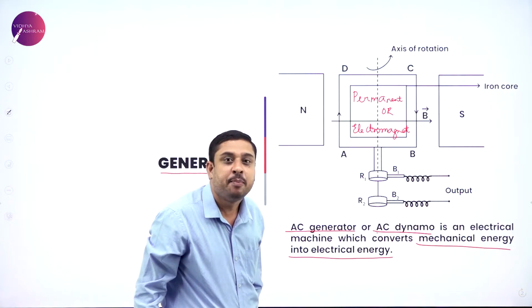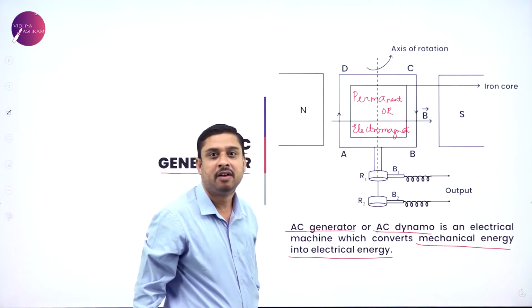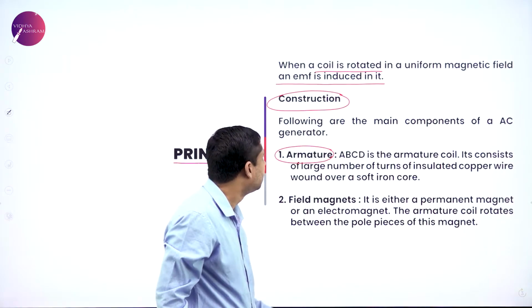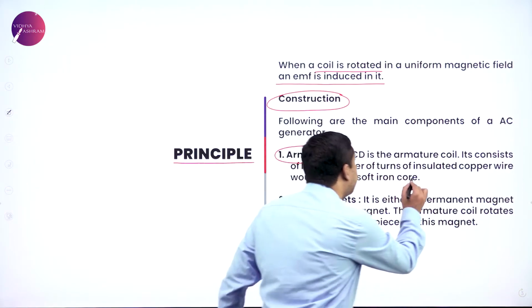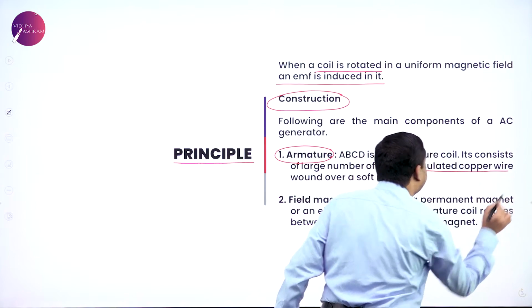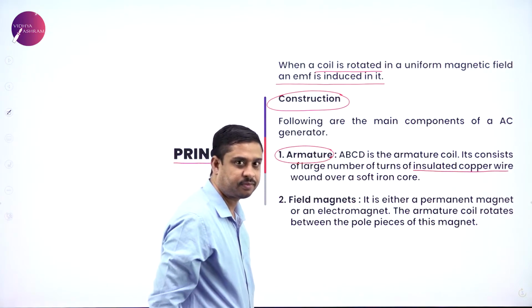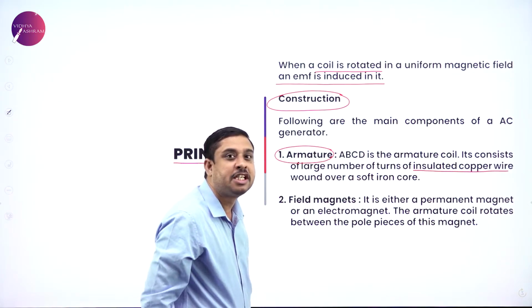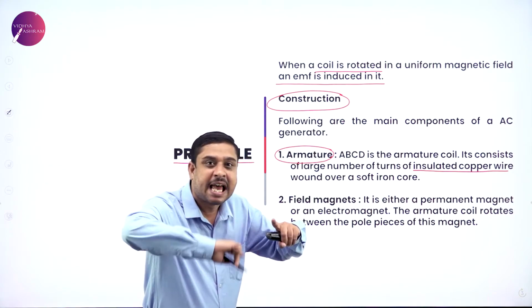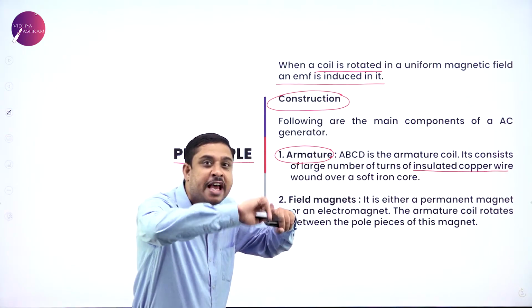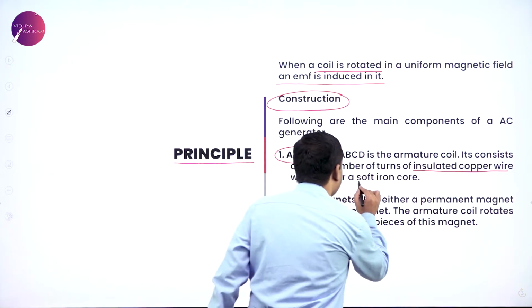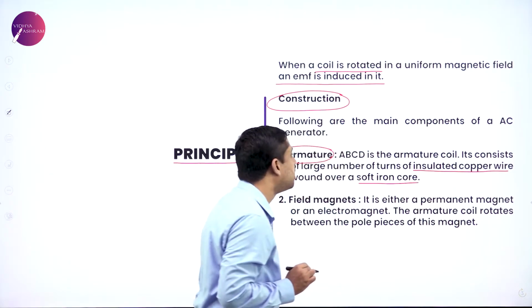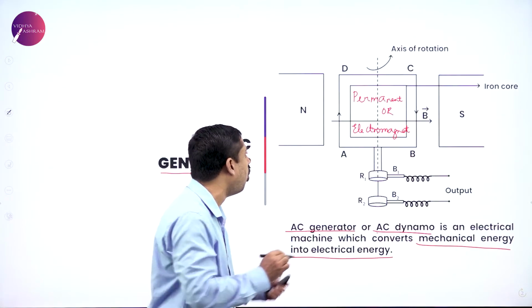The armature coil has several turns of insulated copper wire wound on a soft iron core.